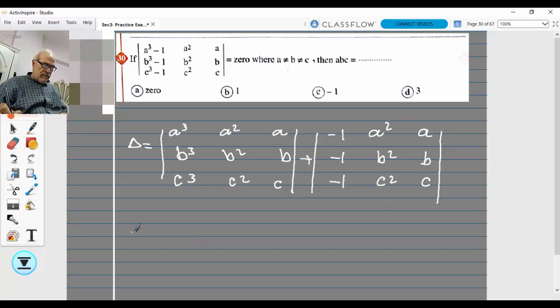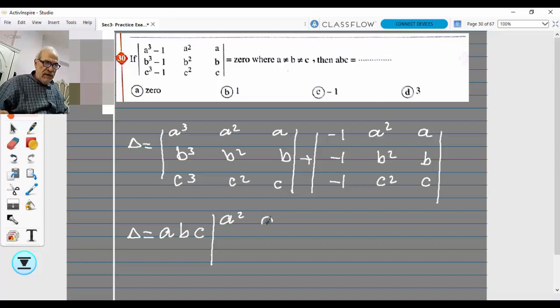So delta equals, we can take A as a common factor from the first row, and B from second row, and C from third row. So we'll get A, B, C. A power 3 divide A square, A square divide A equals A, A divide A equals 1.